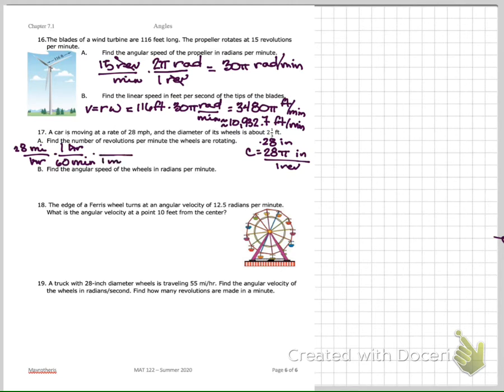So 1 mile is 5280 feet. 1 foot is 12 inches. So my miles cancel. Feet cancel. Got to get rid of those inches. I've got 28 pi inches per 1 revolution.